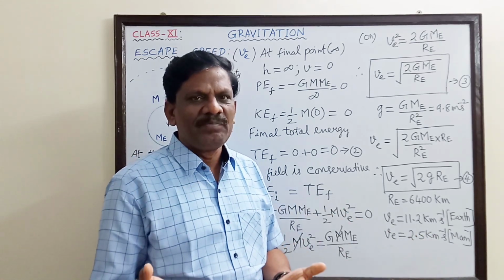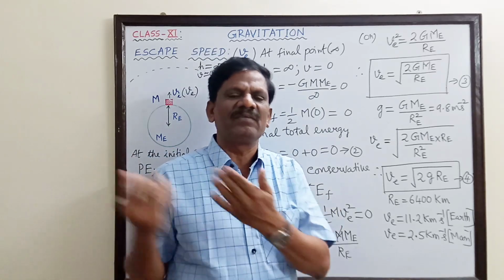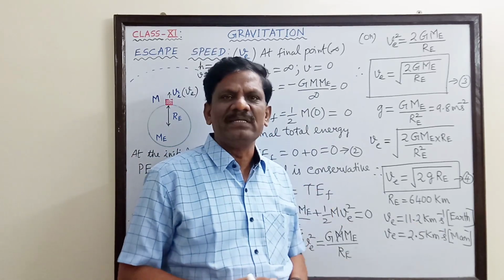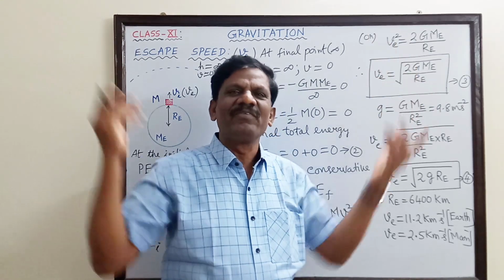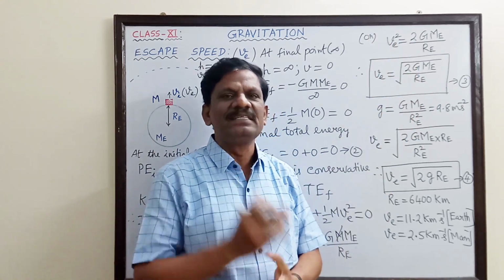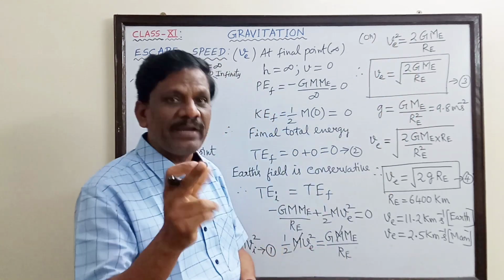So naturally, if the velocity of the vibrating gas molecules is more than 2.5, they will escape, they will go away from the gravitational field. This is the reason why the moon does not have an atmosphere now.